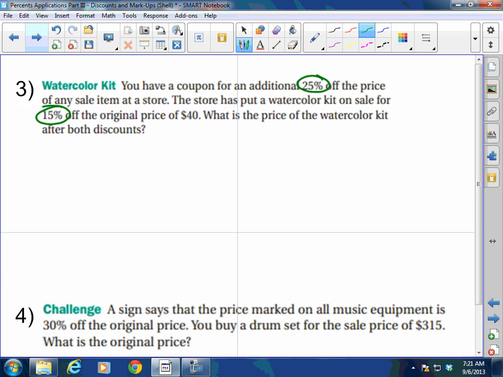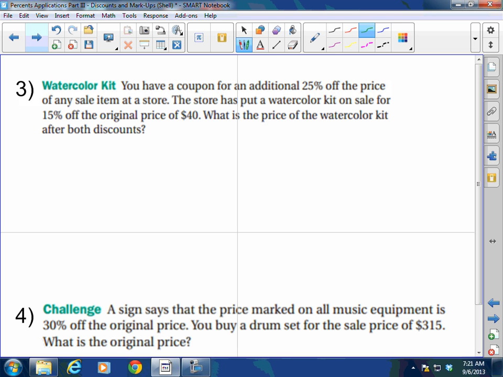A lot of people add 25% and 15% and they say, oh, okay, there's a 40% off. No, completely wrong. Let's look at the way the problem is written.